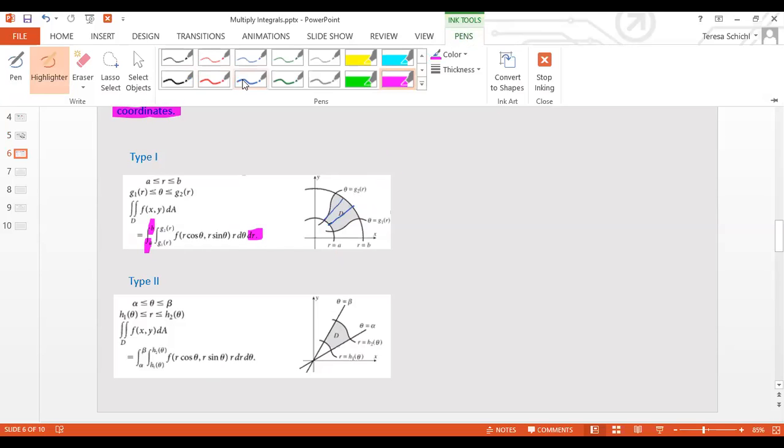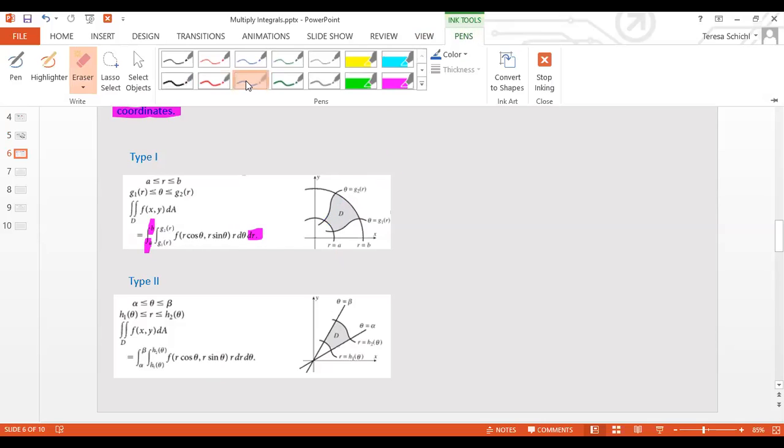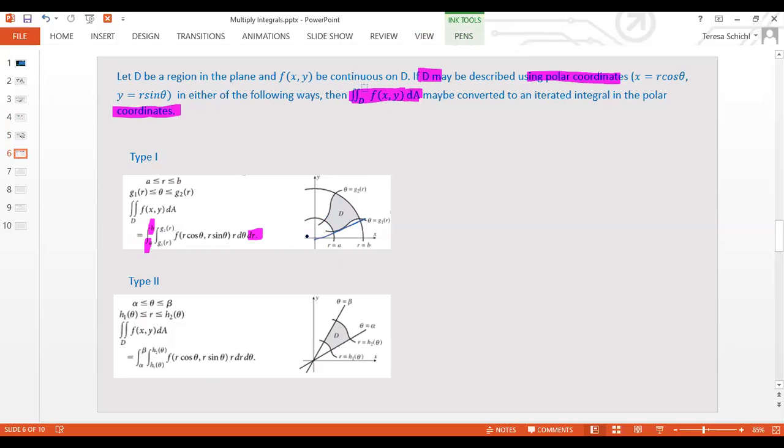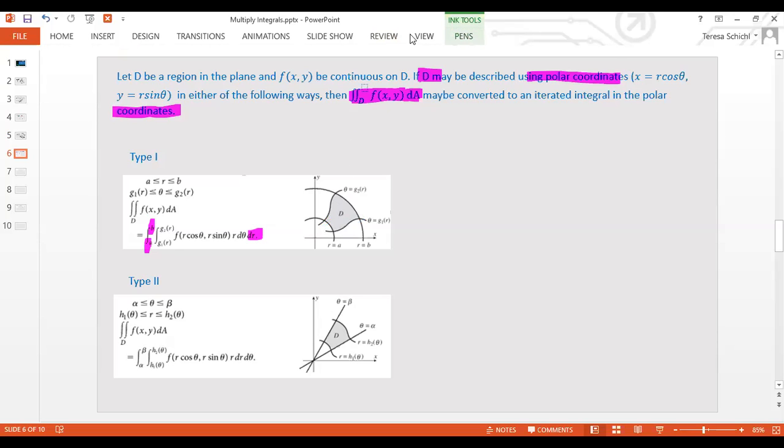Remember that now I'm looking at polar coordinates. For example, go here, go here, and go here. What happened? Your theta is going to be different. Theta depends on these two curves here.